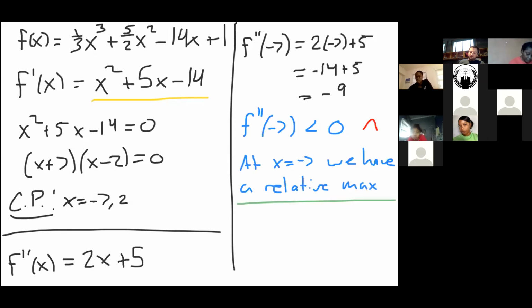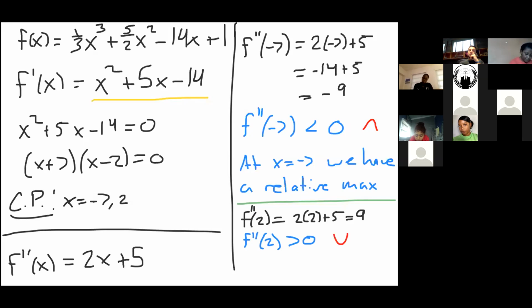And then for the last one, I want to plug in 2, my other critical point, into my second derivative, which means this is 2 times 2 plus 5, or 9. And again, I can calculate the actual value, but that doesn't really matter. All I care about is the sign. So at this point, my second derivative is positive, which means that my graph is concave up.